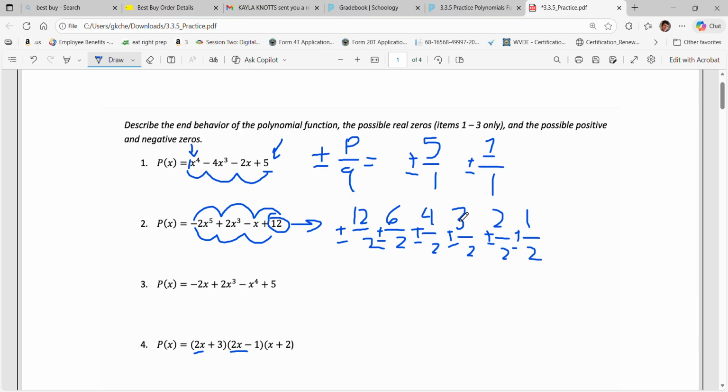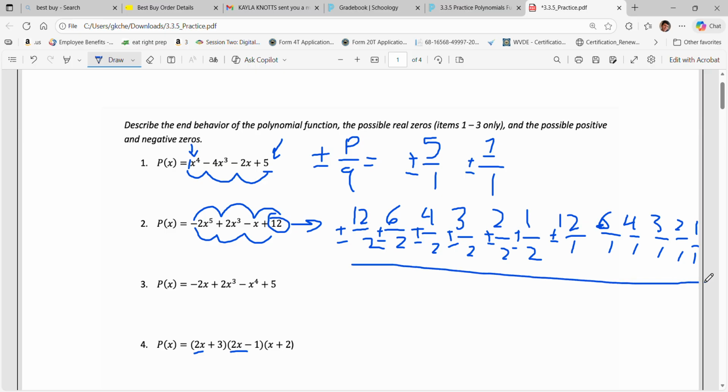But you have to put all the factors of 12 over all the factors of 2. 2 is just one factor of 2. The other factor of 2 is 1. So you have a whole second set of 12, 6, 4, 3, 2, and 1. But these would all be over 1. Just pretend to put plus minus in all these. But yeah, it's a lot of possible zeros. Okay, that's just the first part there.